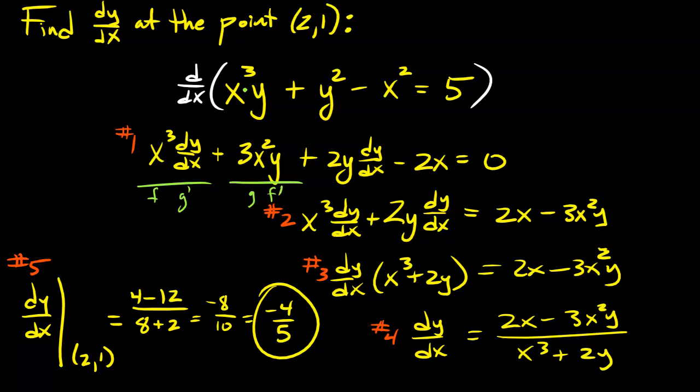Oh, I wrote f prime g. But yeah, this is the product rule. So that's why over here I did the derivative of x cubed, but I did not do the derivative of y. You're going to have to be able to recognize that when you have multiplication of variables, you have to do product rule.